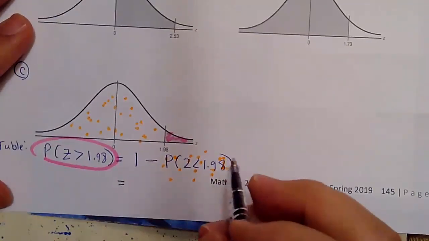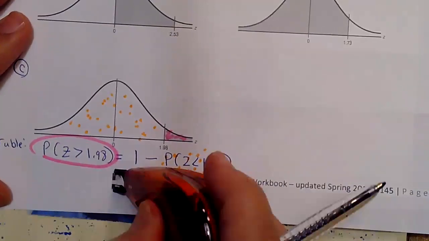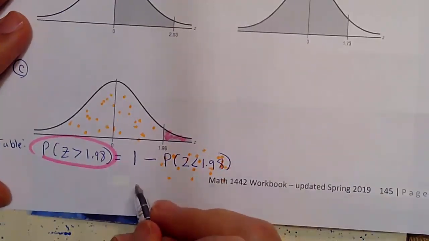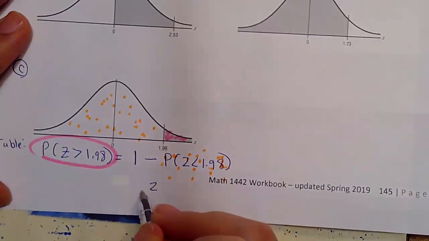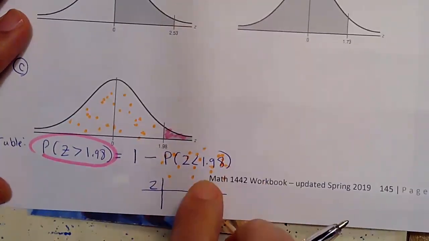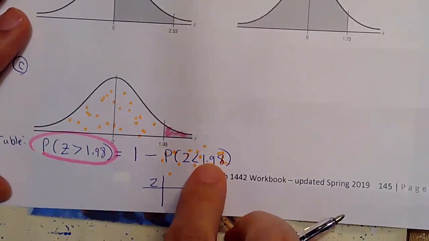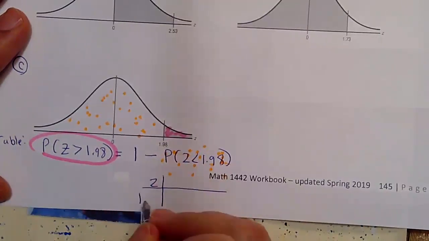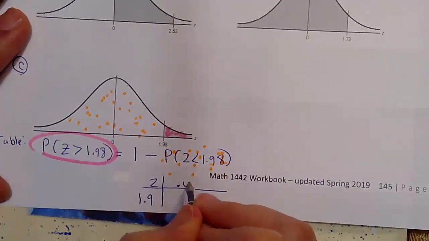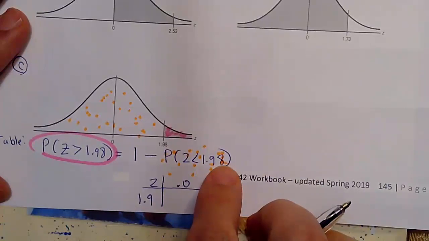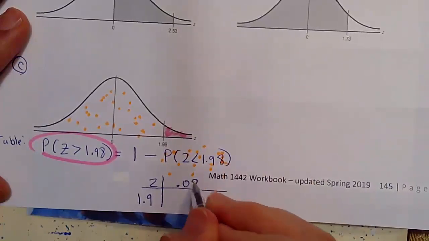And so we would use our table here. Okay, so remember the first two digits, 1.9, go here. Now remember you always have 0.0 and then the last number, 8. And this is a positive side.